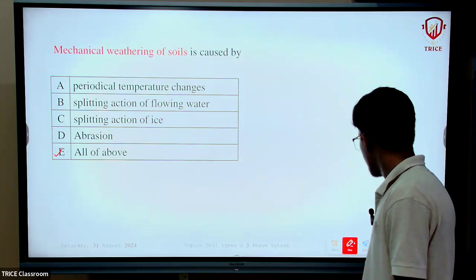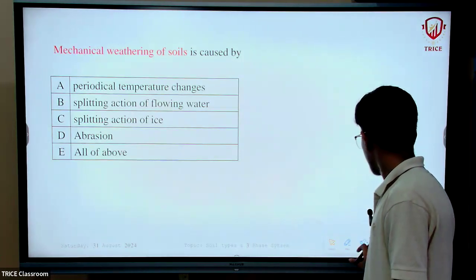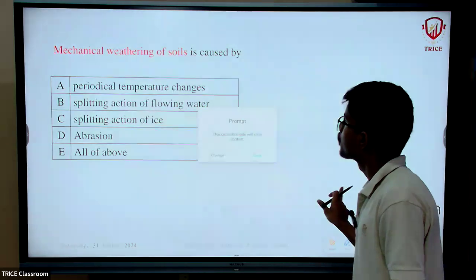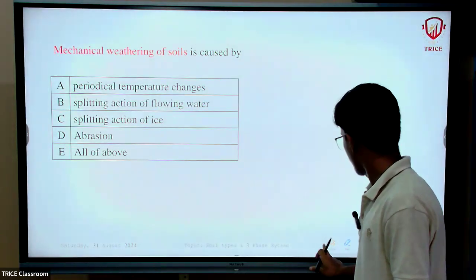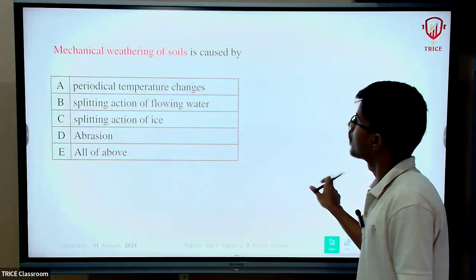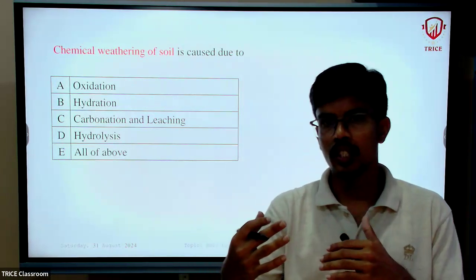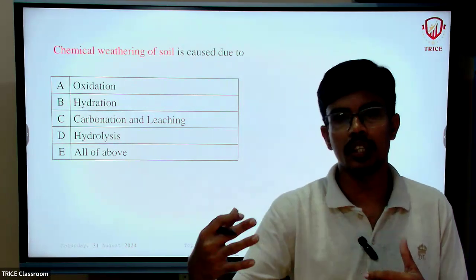So when we come to the chemical part, previously we discussed how the soil forms due to the weathering actions, right?